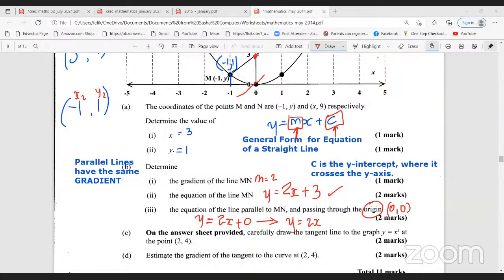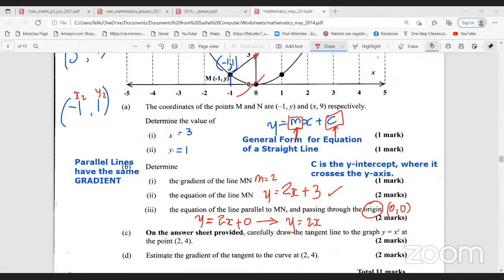So it touches the curve, as close as possible to the point that they have given us.